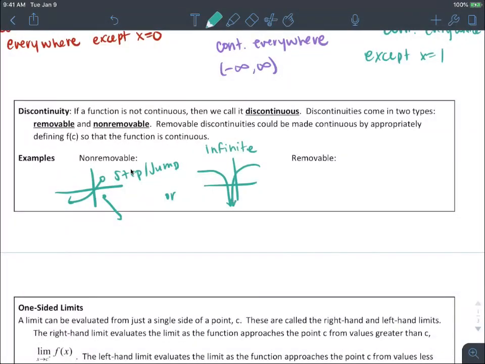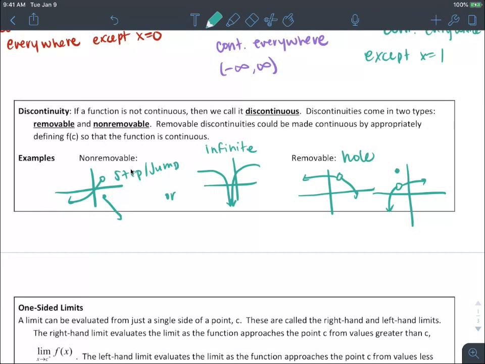A removable discontinuity is a hole, and it can either be defined elsewhere or not. For the first one, it's not defined elsewhere. The second one is. These are both removable discontinuities.